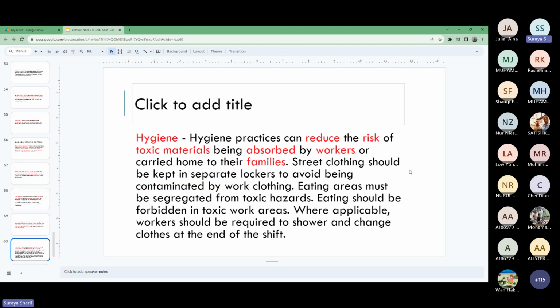Okay, hygiene is another important practice. It can reduce the risk of toxic material being absorbed by the workers or carried home to their family.